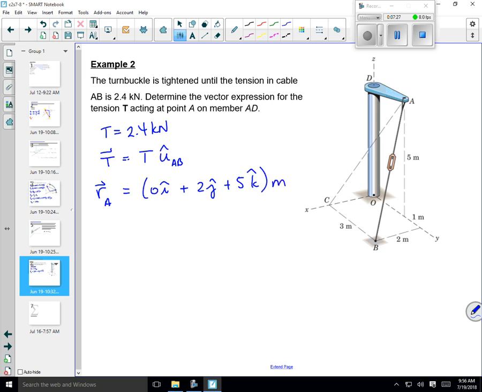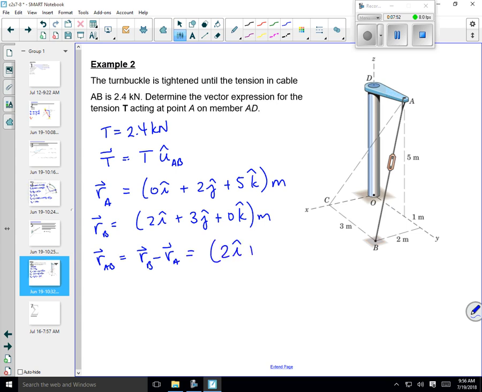That's meters. The vector RB is 2i hat plus 3j hat plus 0k hat. So now I find the vector RAB, which is RB minus RA, which is 2i hat plus j hat minus 5k hat.